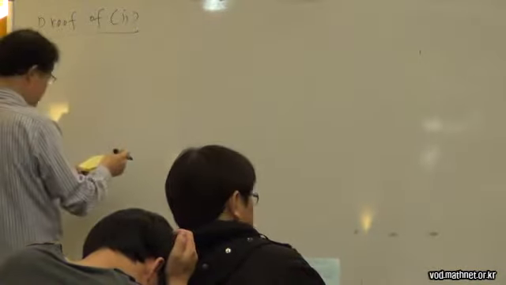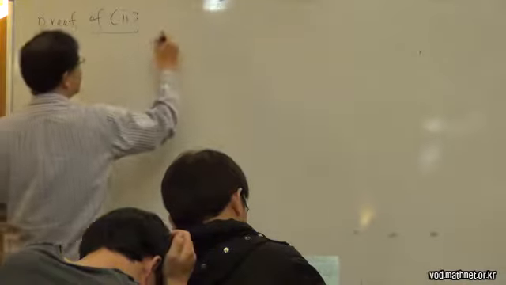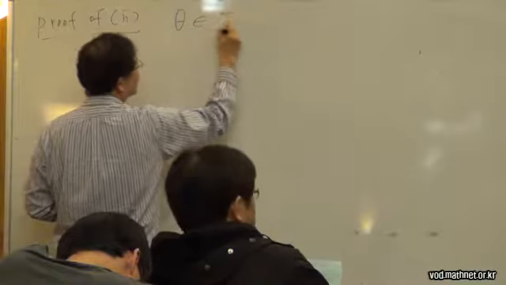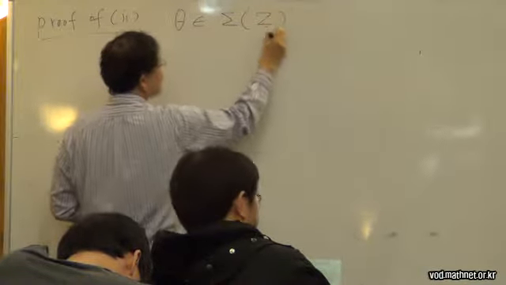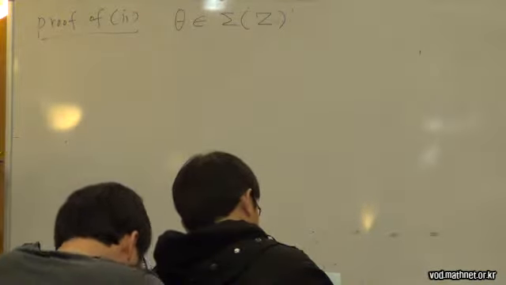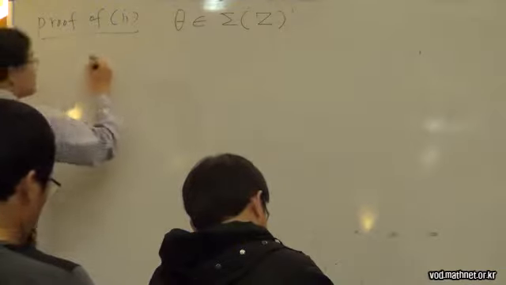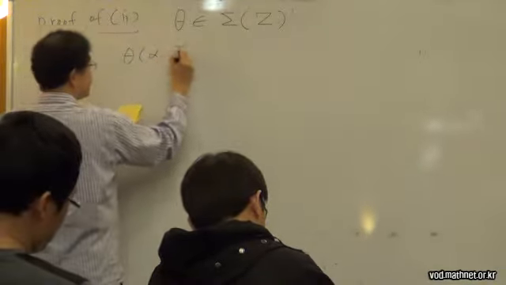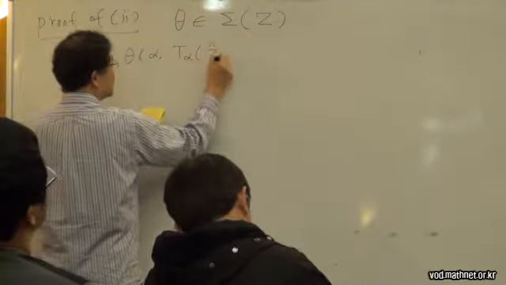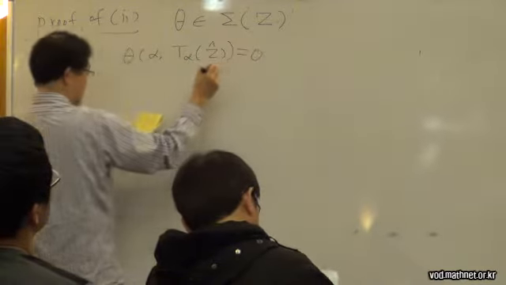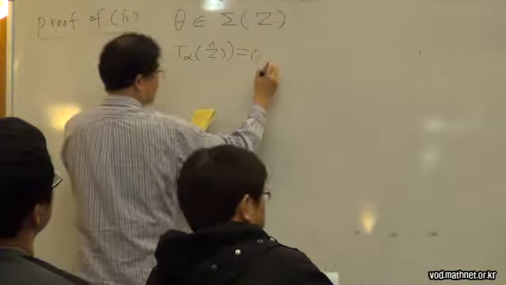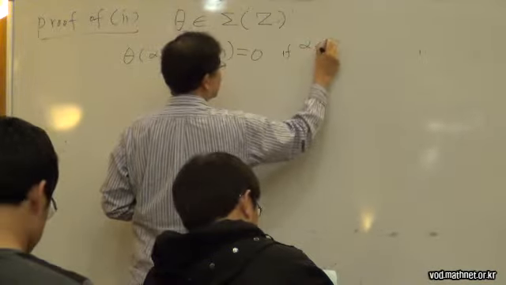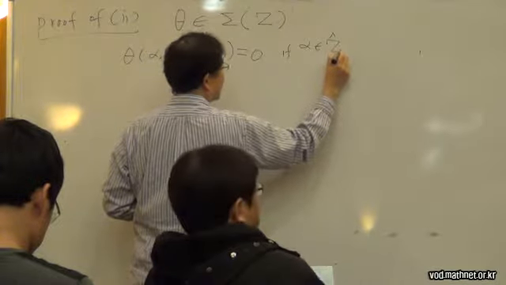So suppose theta is in sigma Z, and we want to show it is 0. In other words, this means that theta(alpha, alpha) is 0 if alpha is in Z hat.